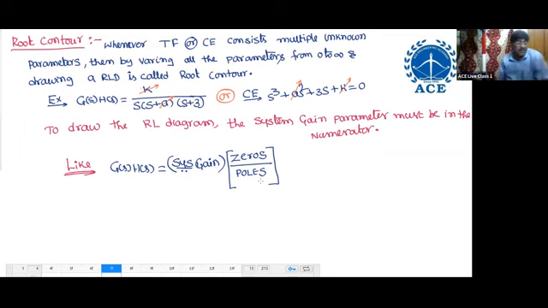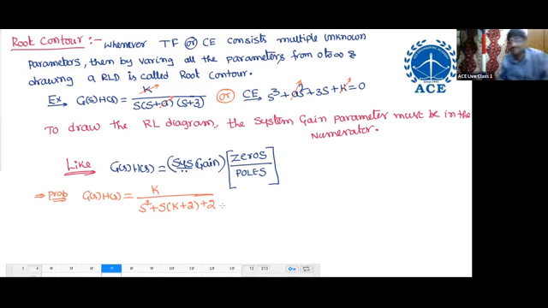For example, once they ask a question like this, system gain should not be in both the places. It should be only one place. They give a problem like this: G of S, H of S equal to K by S square plus S, K plus 2, for example.